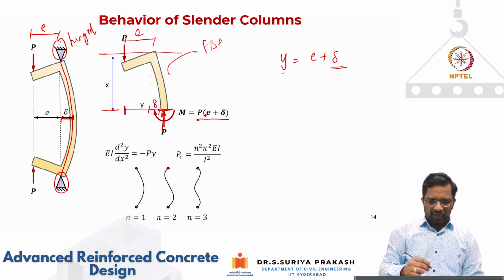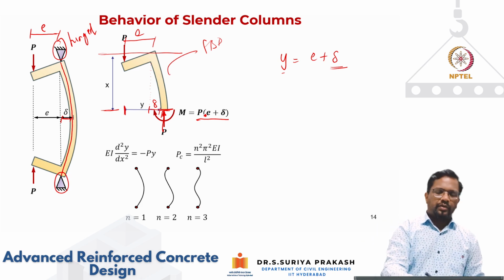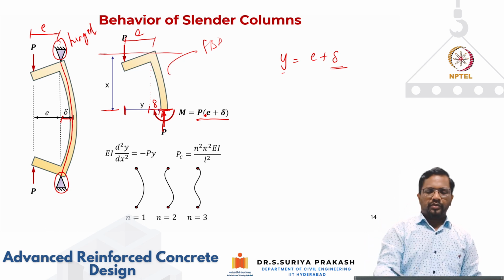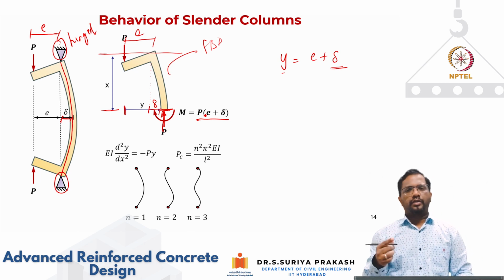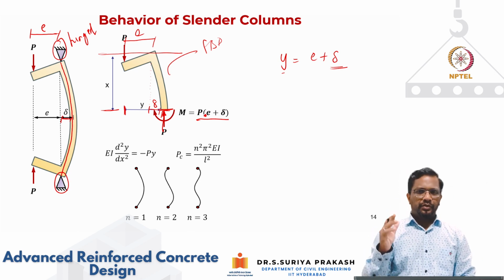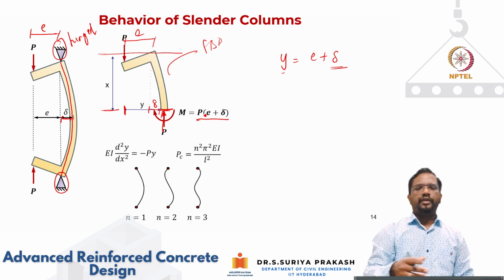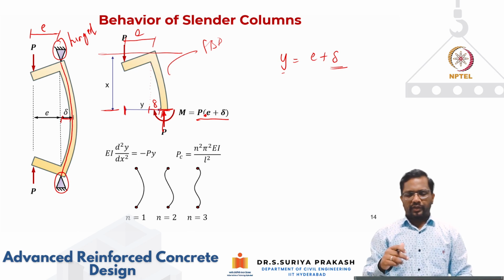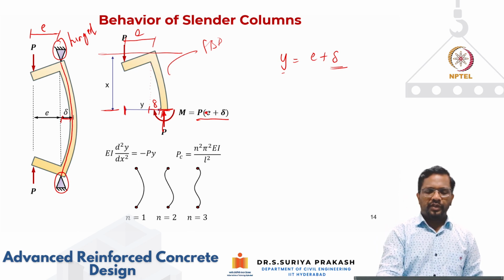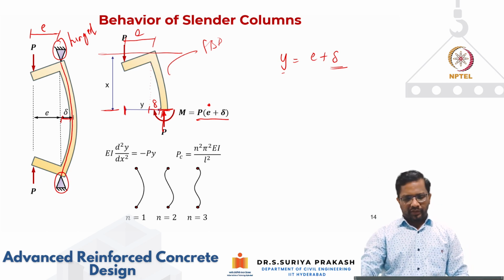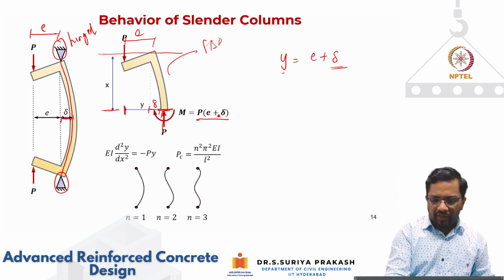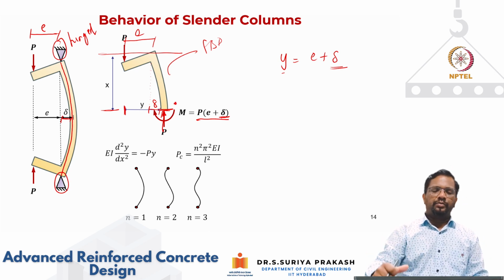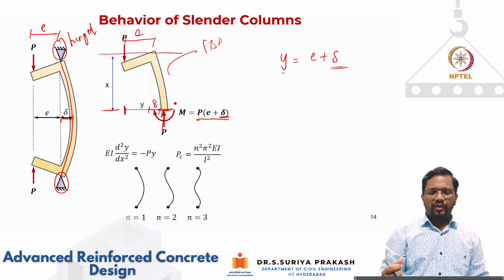If the column has not deflected, delta will be 0, and along the entire length you will have only a bending moment of P into e. Now the column has deflected laterally by a magnitude of delta at the section we are considering, so the moment will not be just P into e, it is going to be P into (e plus delta). This additional delta, because of the deformed configuration of the element, produces additional bending moment when the column is deflecting laterally.